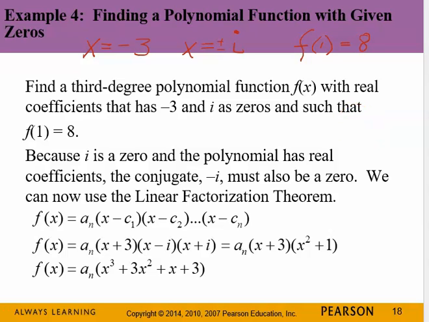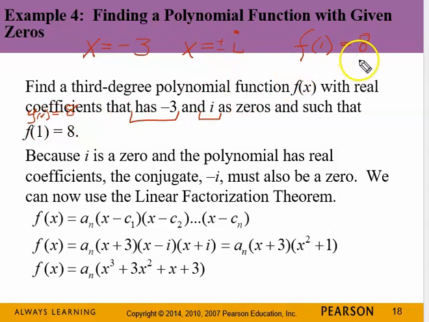So in example 4 now, we'll see this in action. And I've picked up some of the information by reading this. It says the real coefficients, and in a sense our zeros, are a -3 and an i, and y, when x is 1 here, is going to equal 8.